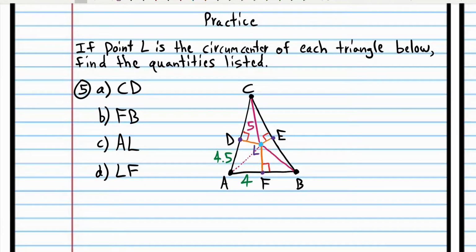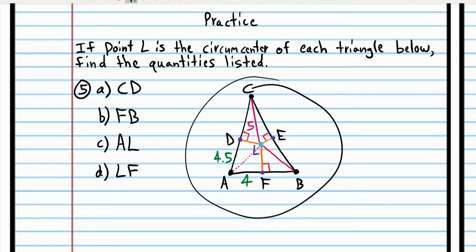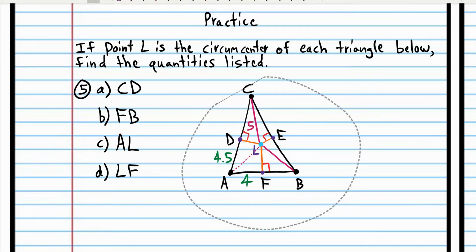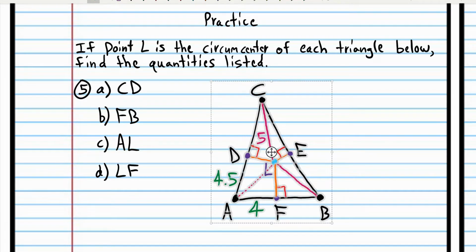We have a triangle here, and they want us to find the length of CD. And we're going to use the Circumcenter Theorem to do that. So let's see, where is CD? This is CD here. And we're told that point L is the circumcenter.